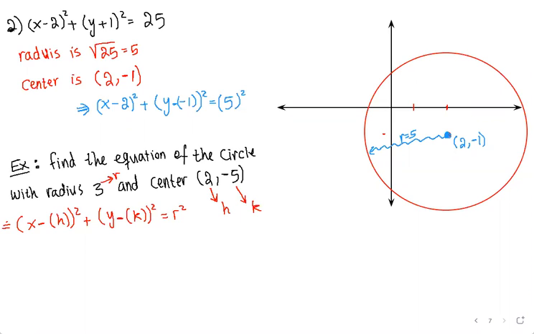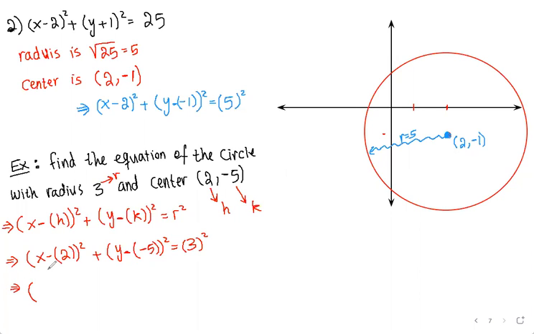Yes, Salim. How do you plug it in? (x minus 2) squared, plus (y minus negative 5) squared, equals 3 squared, which is 9. But let me put it as 3 squared. Now you simplify everything.